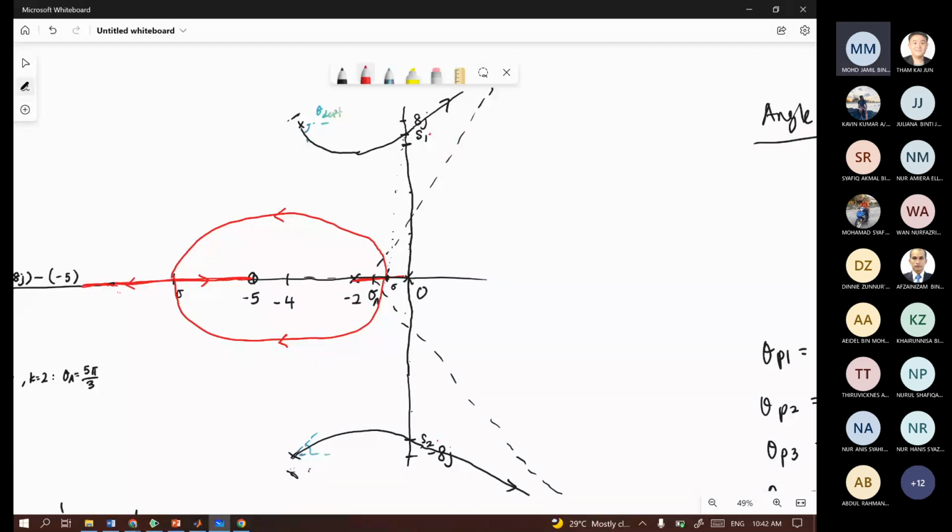Okay, so that's the end for root locus. Any question before we move on to compensator?